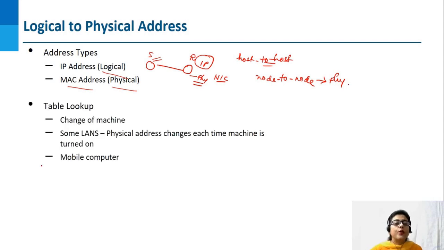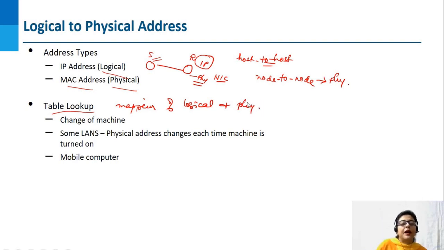So one way to do this is to have a table lookup. In the table lookup, there is mapping of logical and physical addresses. So by looking into the mapping, the sender can know the physical address of the receiver.